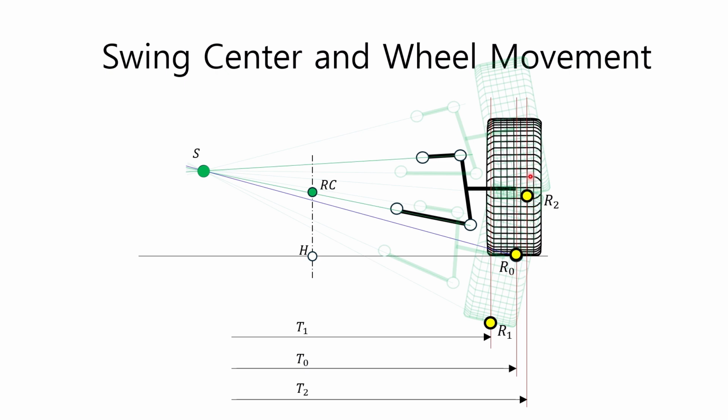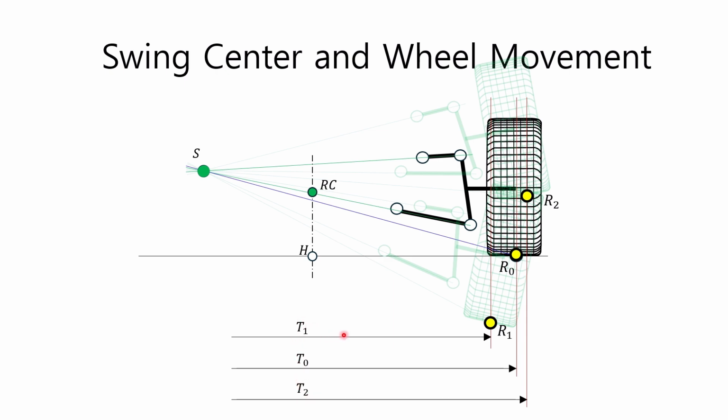The tire road contact point is originally R0, but at a bump, the tire road contact point moves to R2, and at a rebound, the tire road contact point moves to R1. This vertical movement of the wheel is accompanied by lateral movement, and as a result, the wheel track changes in the order just described, T0, T2, T1.